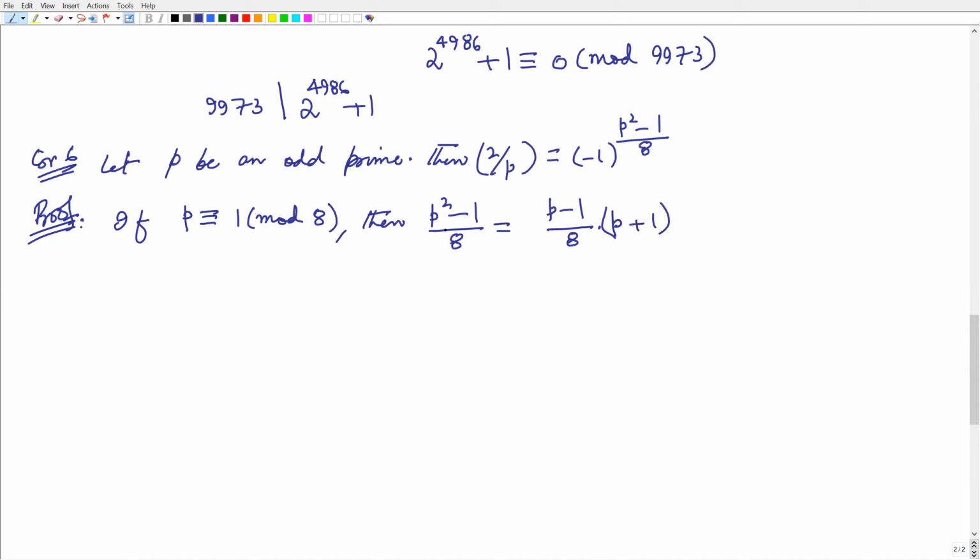It's simple: we just factorize P squared minus 1, so this is P minus 1 times P plus 1.